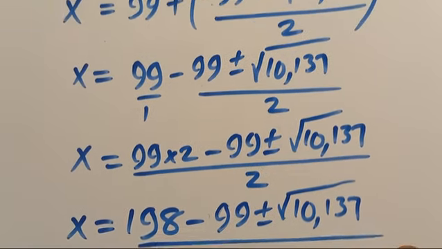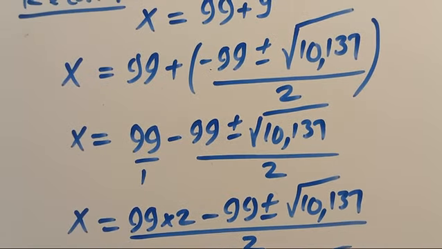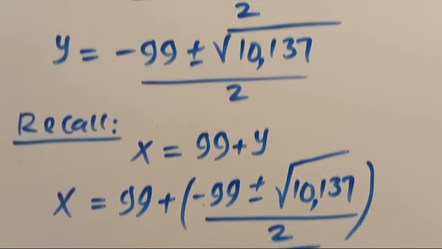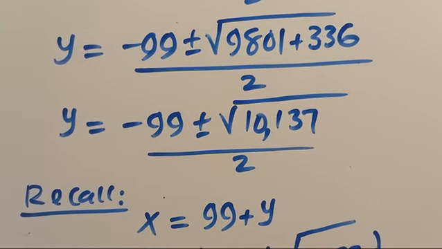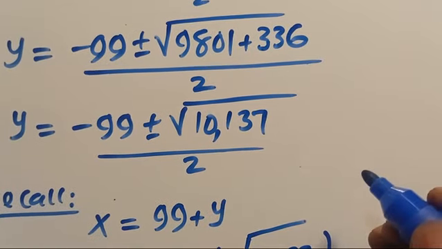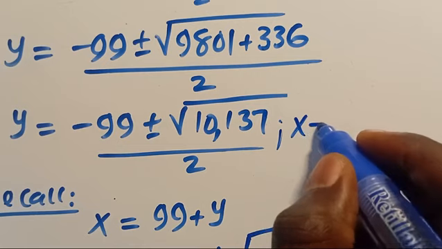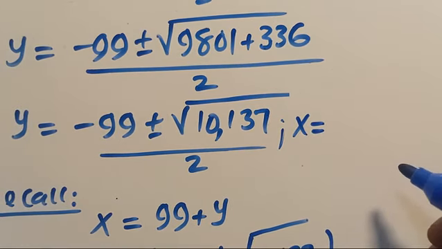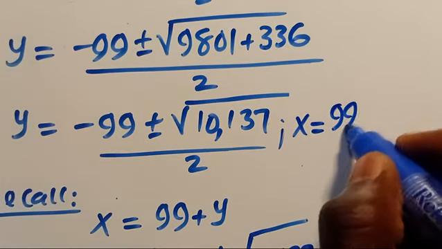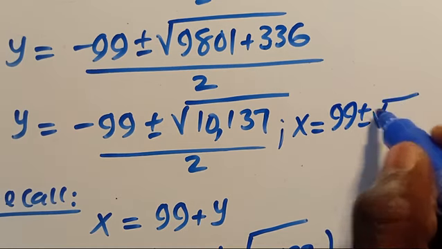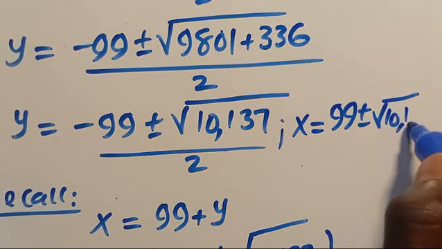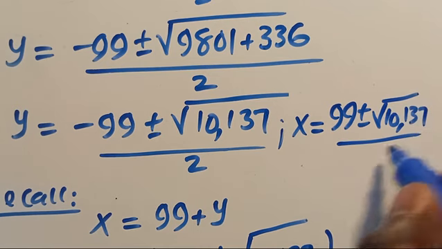So again, we also have the value of x to be 99 positive or negative square root of 10,137 over 2.